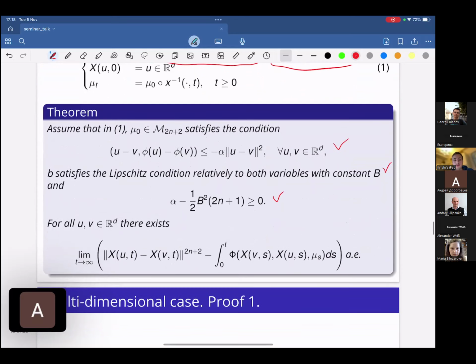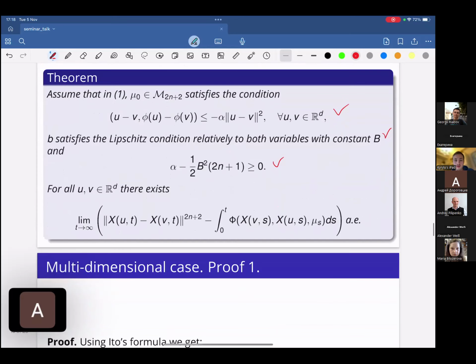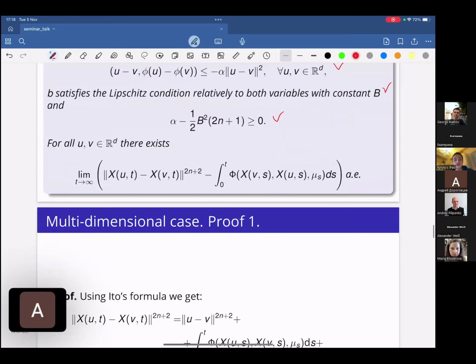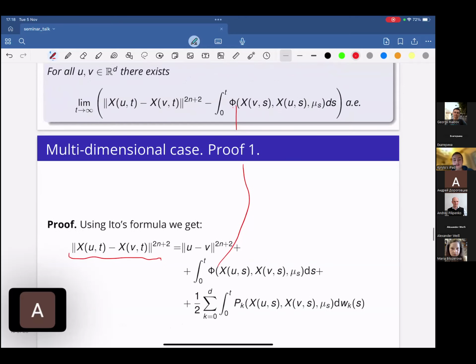And about the function f prime: if we use the Ito formula for such a norm, we have three terms, again a drift term and a diffusion term, and this is the drift term.